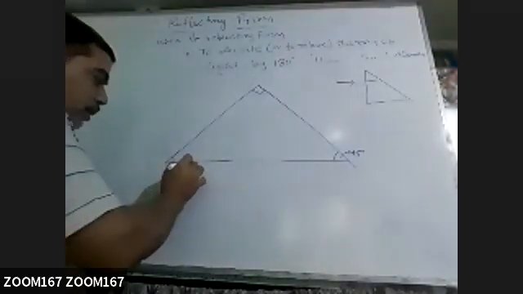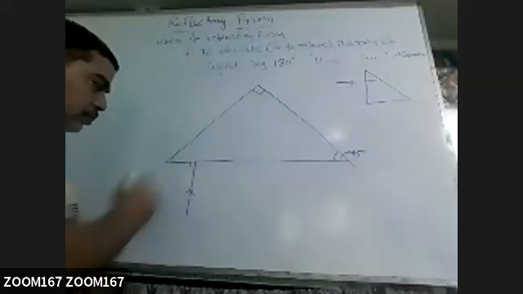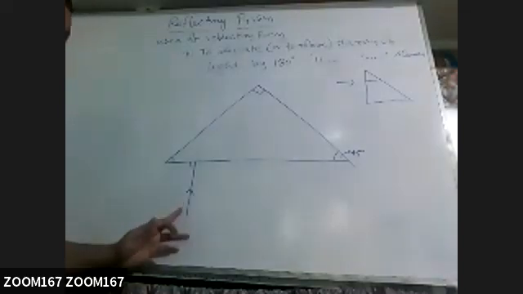So suppose the ray is incident like this. What will happen to this ray? This will go undeviated.